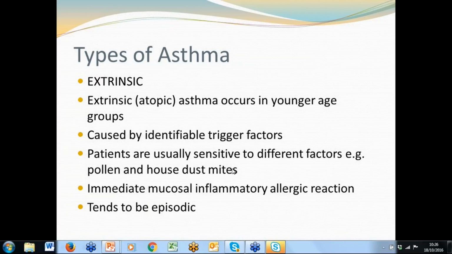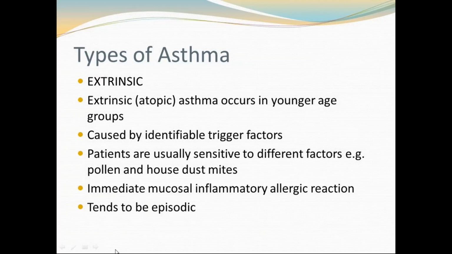What happens is you're exposed to an allergen, inhale it, and you get an immediate mucosal inflammation. Remember, I talked about the elasticity of the air passages, so those muscular cells go into spasm and cause airway obstruction.